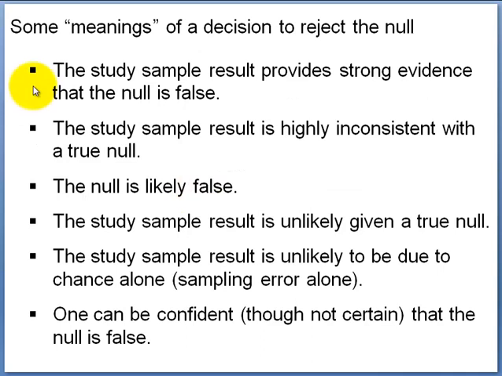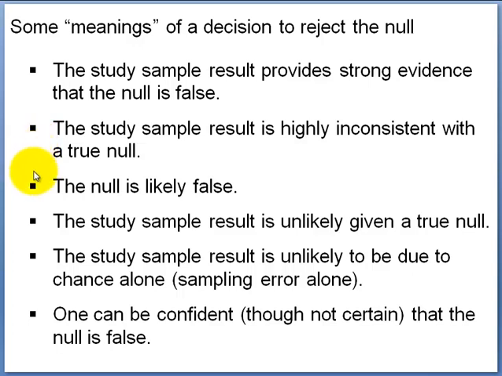And here are some other interpretations or meanings that go along with the decision to reject the null. When the null is rejected, the study sample result is providing strong evidence that the null is false. When the null is rejected, the study sample result is highly inconsistent with the null.